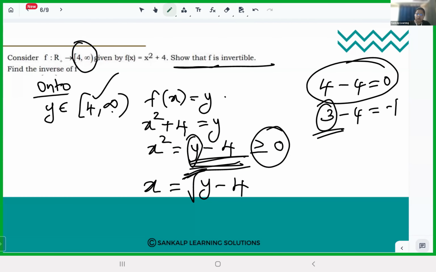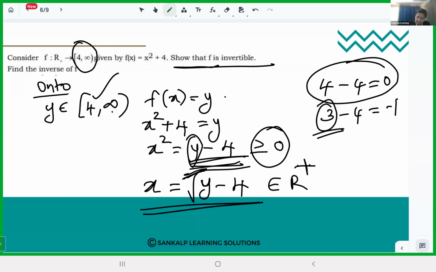All right, so x equal to the positive root of y minus 4. Can you say that this belongs to the set R plus? It definitely belongs to R plus, the set of positive numbers only.